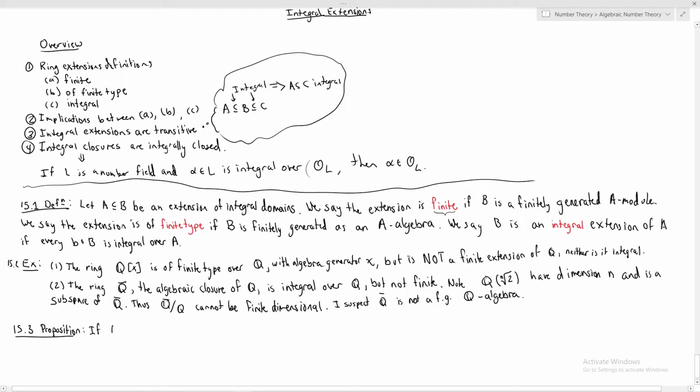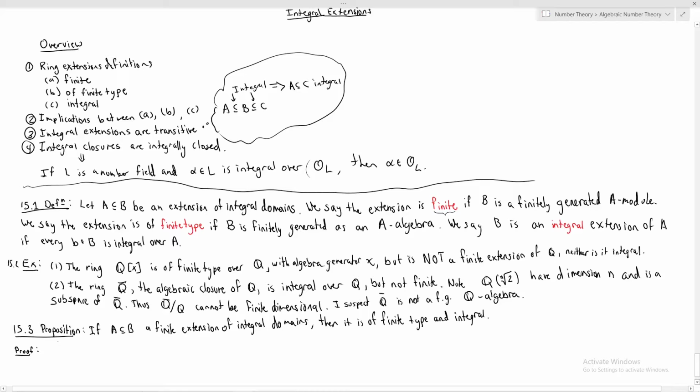If A is contained in B, a finite extension of integral domains, then it's necessarily integral and of finite type. Let's go ahead and prove this.